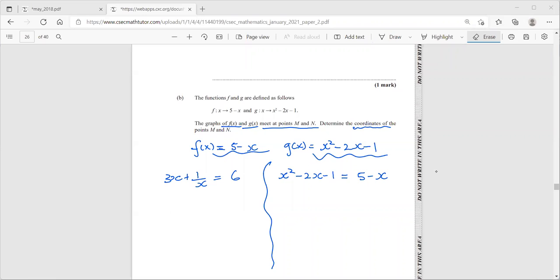Right, so we put the quadratic equal to the linear, so x squared minus 2x minus 1 is equal to 5 minus x. So we are going to solve for these two values. So what are we going to do now? How do we go about solving this?